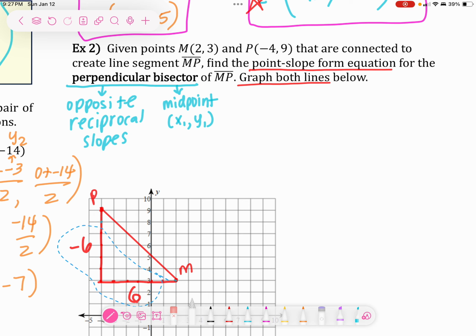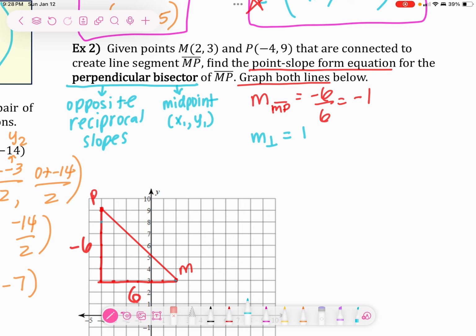So the slope of MP is going to be negative 6 over 6, which of course is the same as just negative 1. Okay, so that means that the perpendicular slope to find the perpendicular bisector is going to be positive 1. Okay, because they're both 1 over 1, and one just has to be negative, one has to be positive. So positive 1. So that's going to be the perpendicular slope.